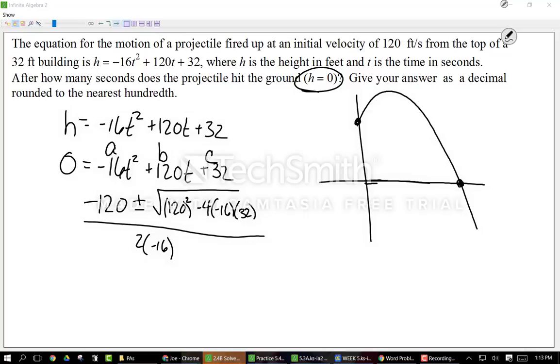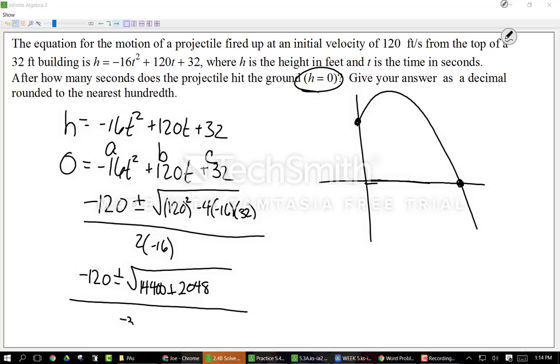So now let's keep going. -120 plus or minus the square root of 120 squared is 14,400. Plus, why is it a plus? Because I have two negatives, -4, -16. So 4 times 16 times 32 gives me 2,048. So plus 2,048 over -32.